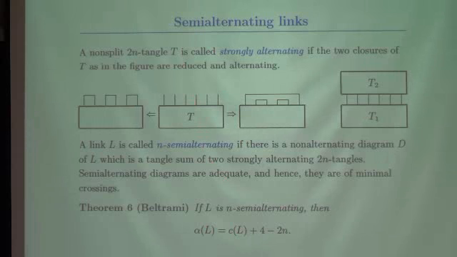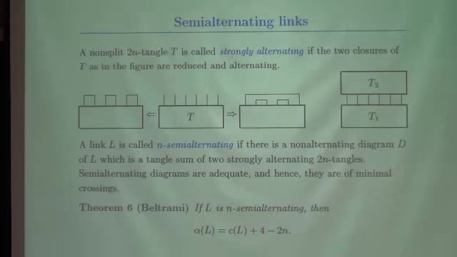So in the case of one semi-alternating, then it's a connected sum of two diagrams. In that case, it's crossing number plus 2. So it doesn't go down, but if there are more arcs, then it goes down.